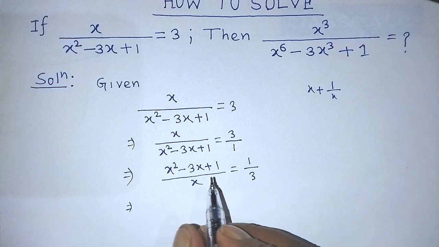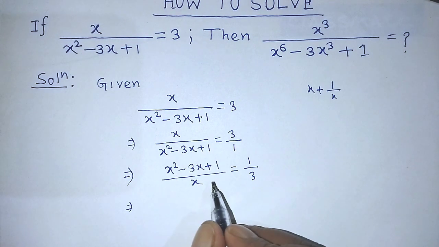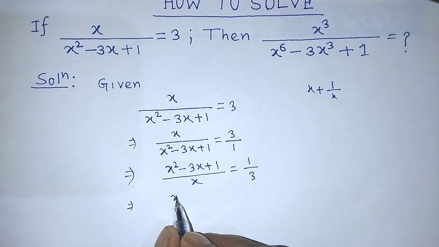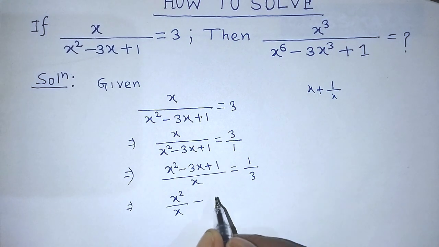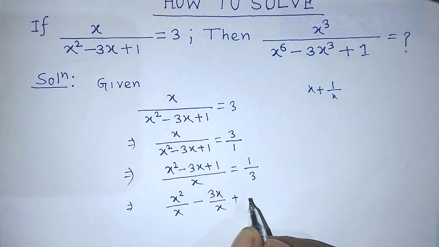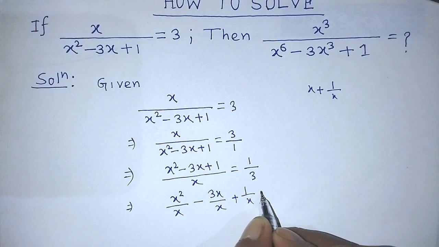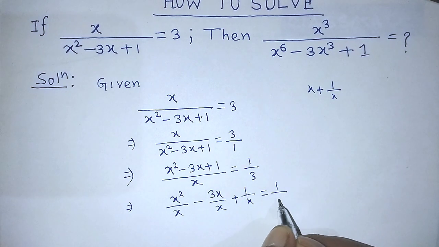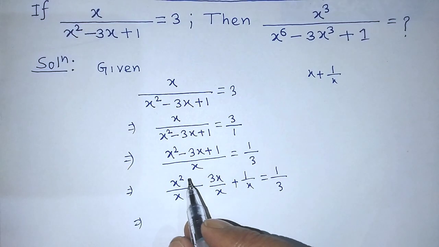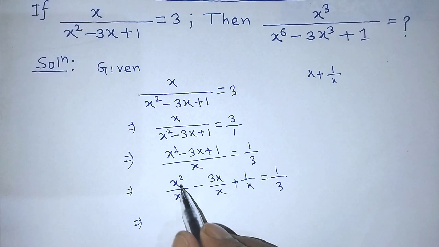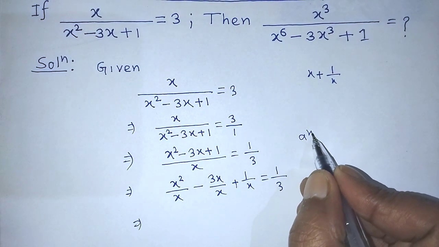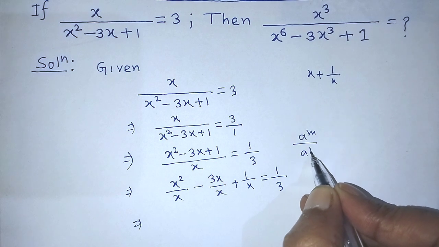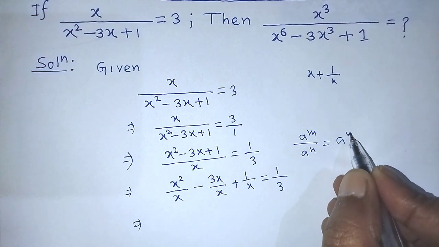According to the distributive property, we can write x square over x minus 3x over x plus 1 over x is equal to 1 over 3. To simplify these terms, we apply the formula a to the power m over a to the power n is a to the power m minus n.